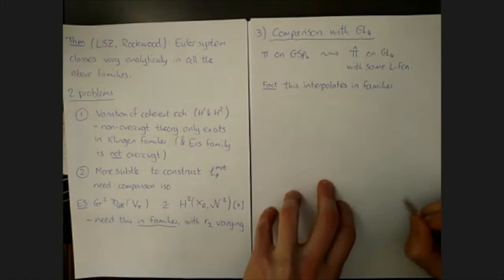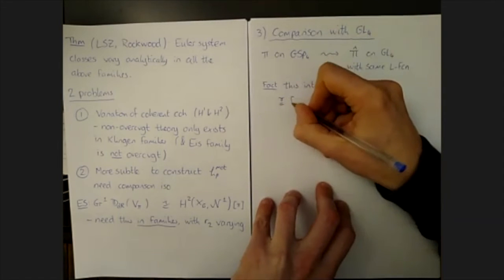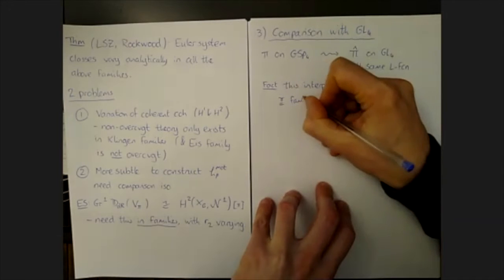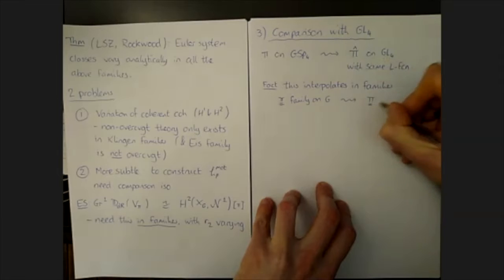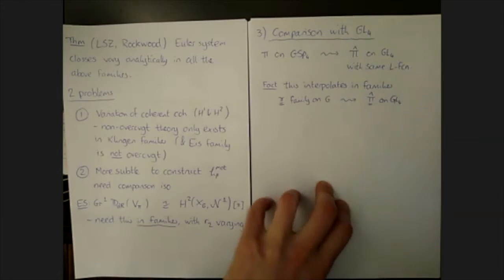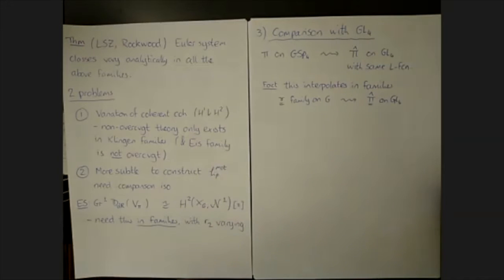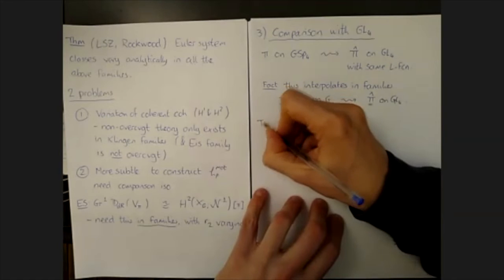So if pi underline is some family of any of the above types on G, we get some pi underline hat on GL4. And this can be a Siegel type or a Klingon type or a Borel type. So now here are two theorems.